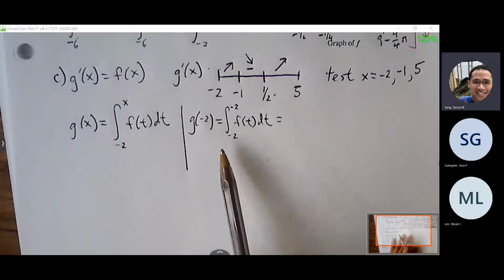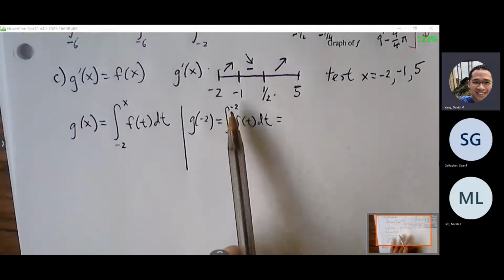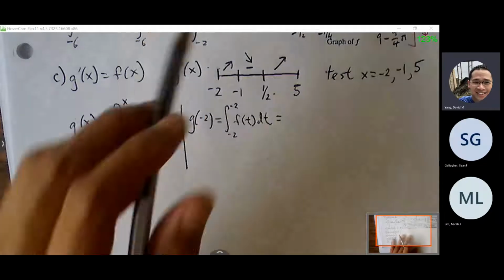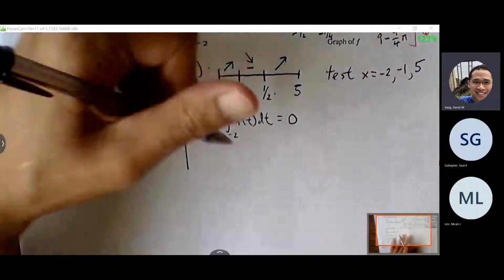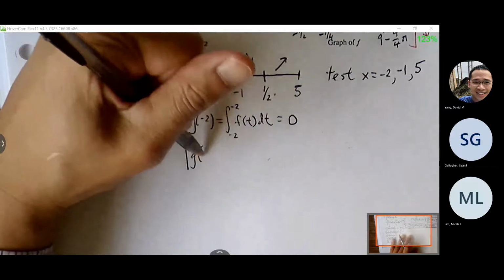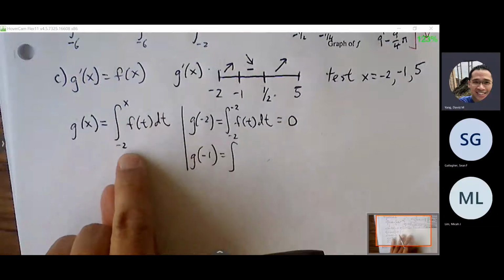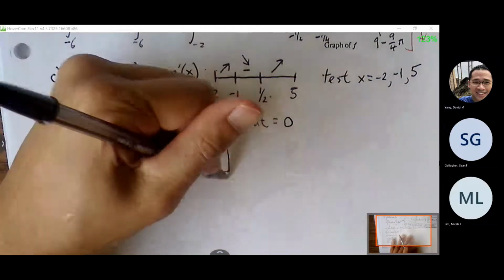We haven't found any area yet. We haven't moved at all. So we're starting at -2 and then -2. There's no area to be found. My area is going to be 0. We just follow the rule from -2 to -1.